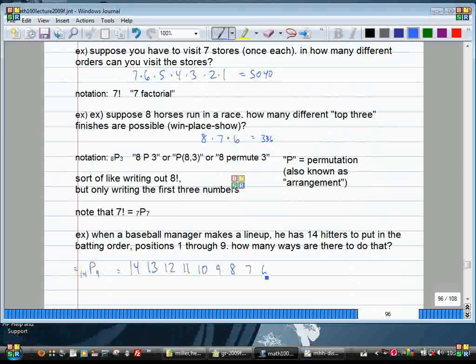Stop here. How do I know when to stop? 1, 2, 3, 4, 5, 6, 7, 8, 9. There we go. And what do we do with these numbers? Multiply.